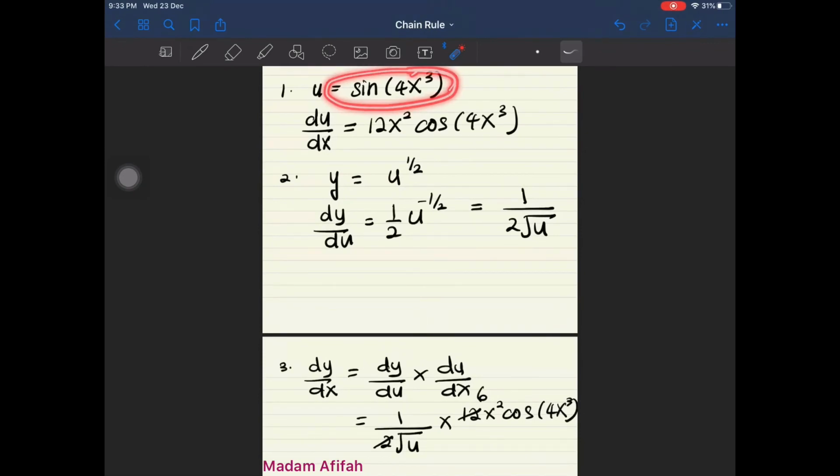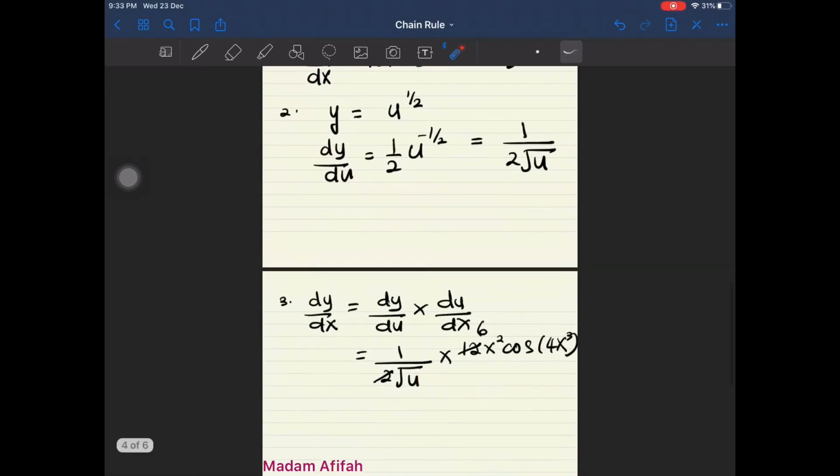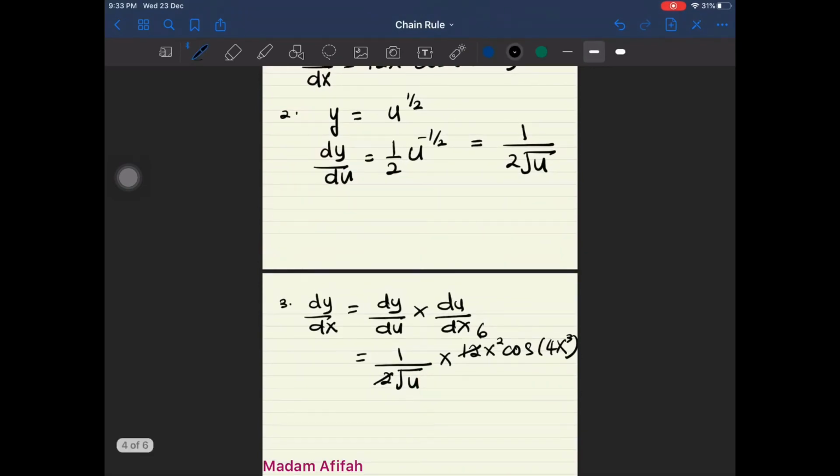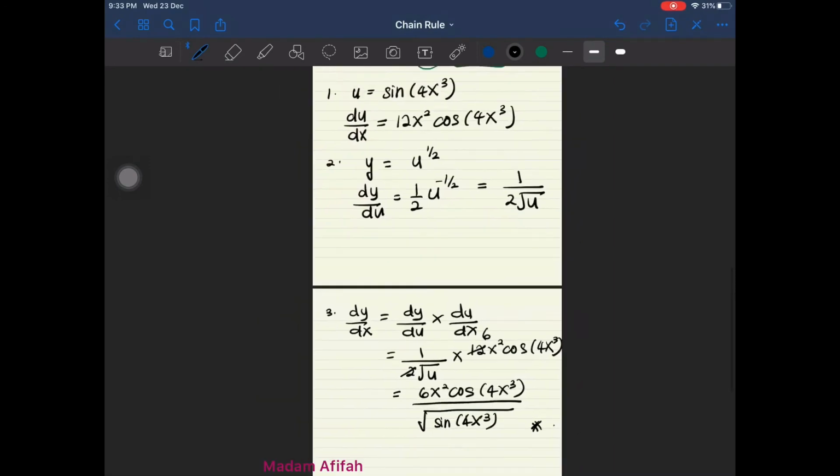Your u is equal to this function, so substitute back into here. Therefore your last answer will be dy/dx is equal to 6x squared cos 4x cubed over square root sine 4x cubed.